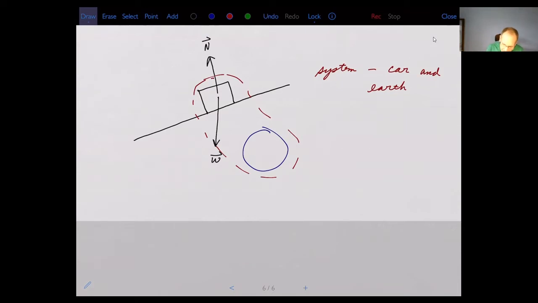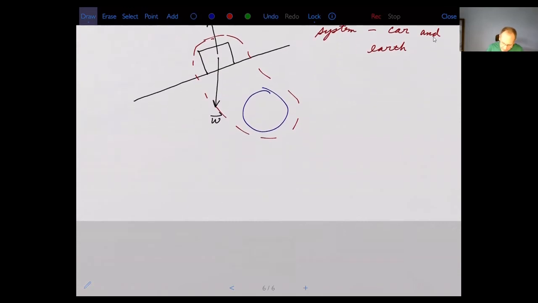So for now, think of it like this. If we look at our general work energy theorem, I have the net work done is equal to the change in kinetic plus change in gravitational potential plus change in elastic potential plus change in thermal plus ... Okay, again, we're assuming there's no friction.